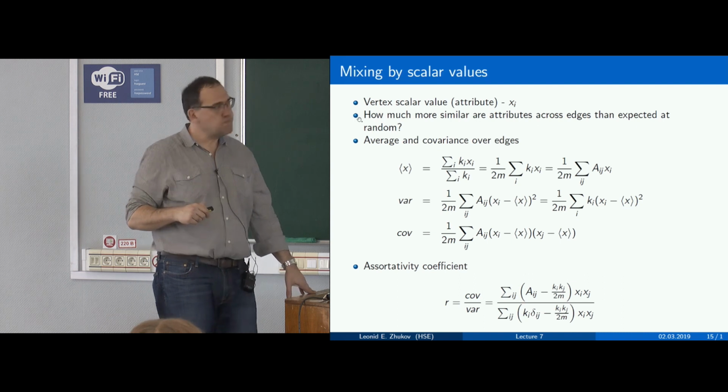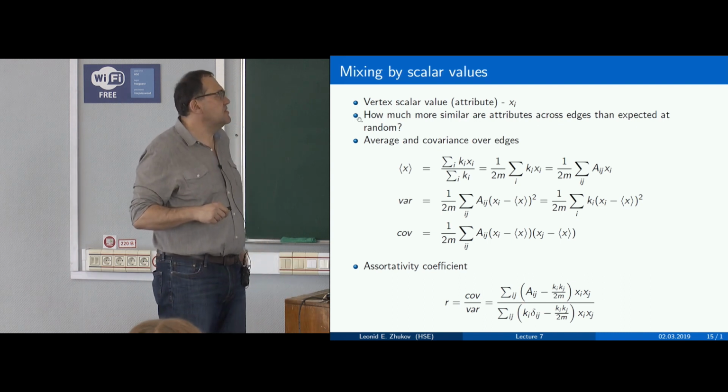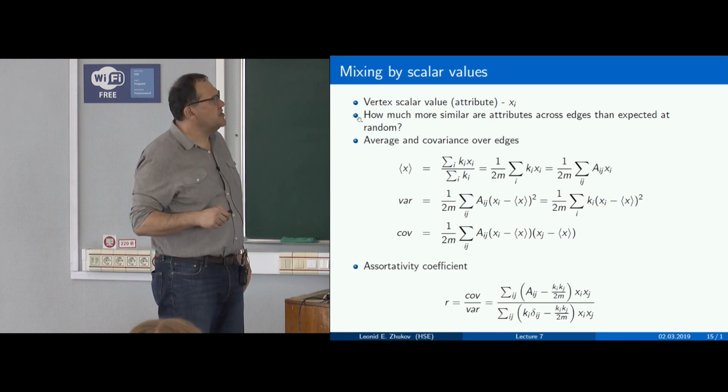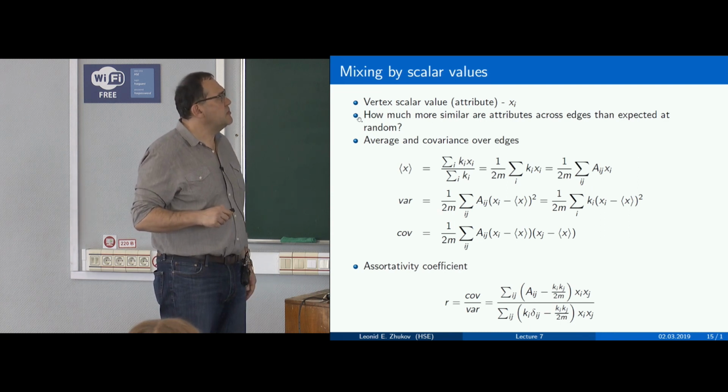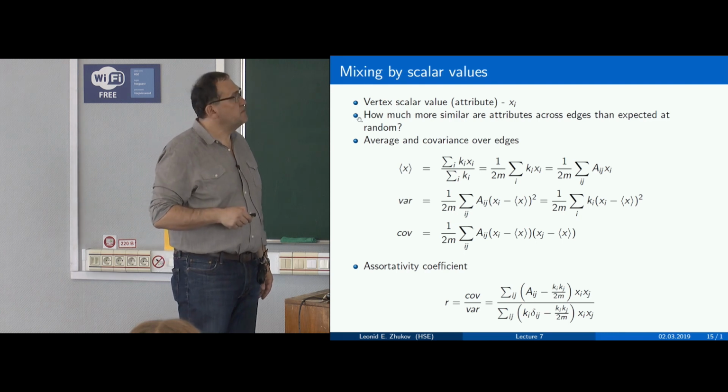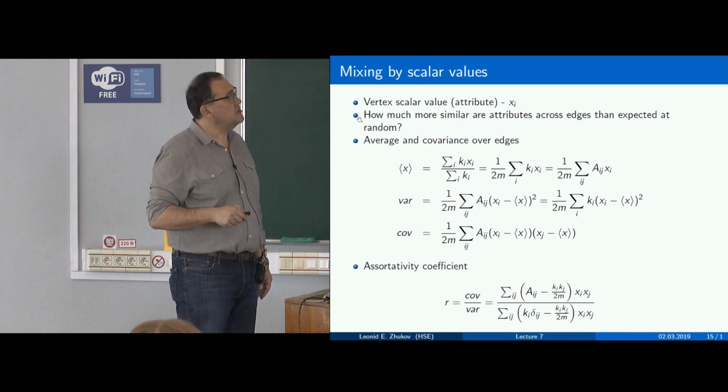Okay? And then from this you can derive various coefficients. One of them is called the assortativity coefficient, which is the modularity coefficient normalized in a certain way. Some people use it that way. Some people just use modularity directly. I think most people now just use this as a metric for assortative mixing.